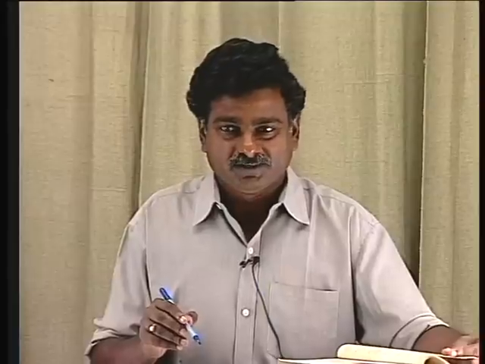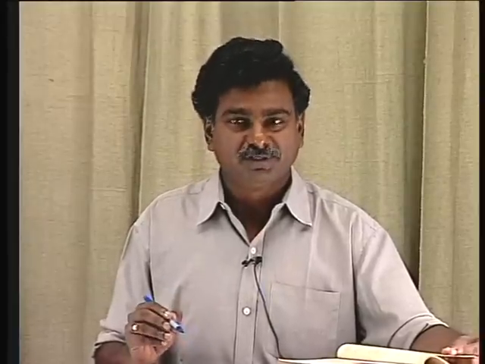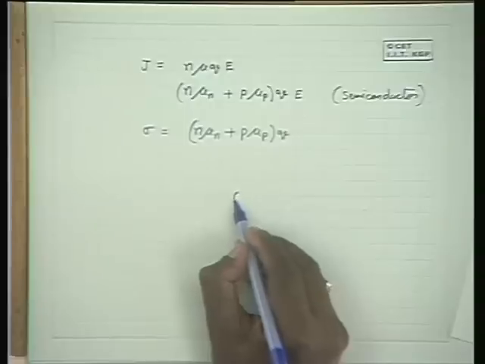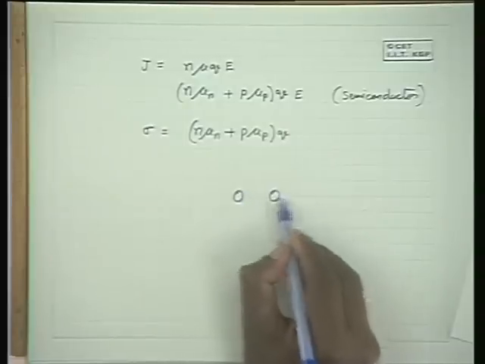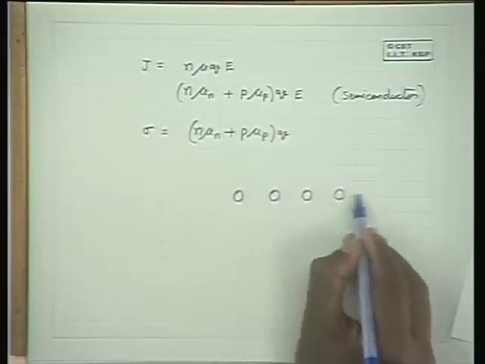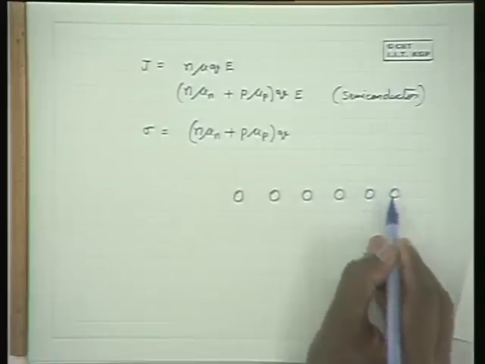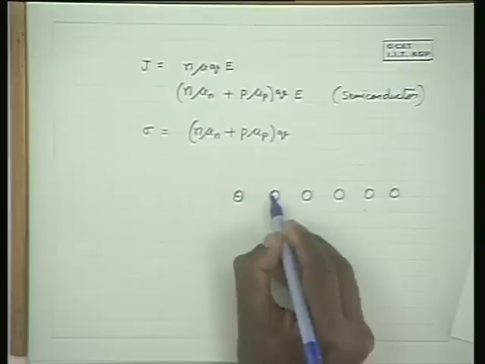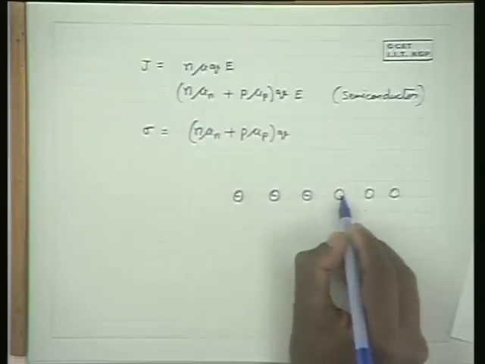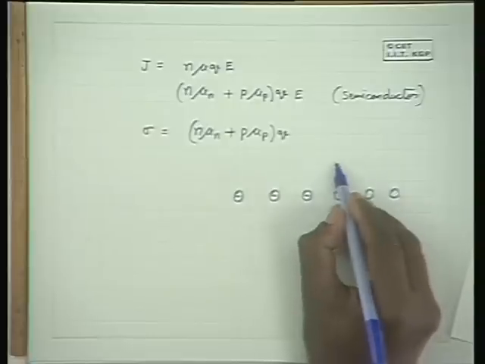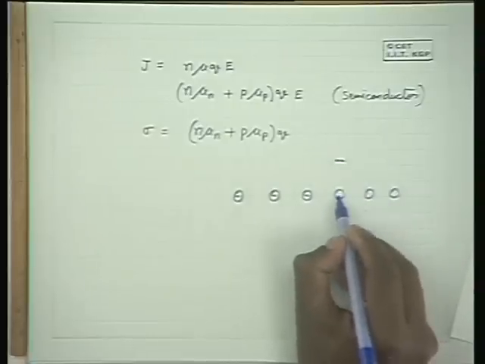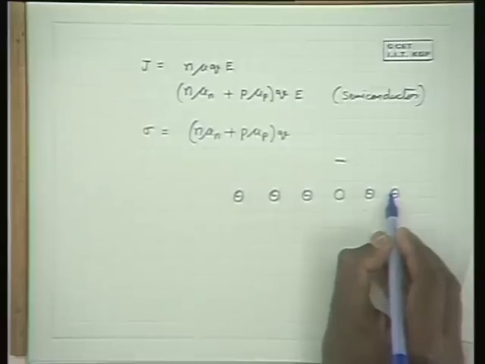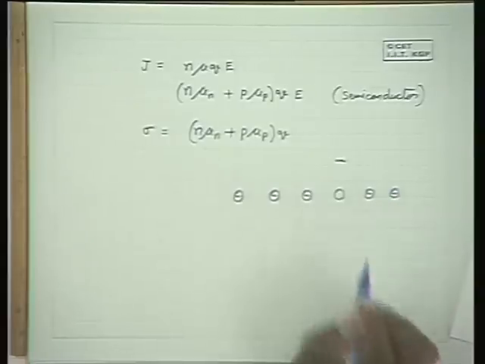So let us look at the transport phenomenon here. Let us consider some atoms in a material. Let us say this atom has all electrons in it. Say this one is free, it has contributed an electron, therefore there is a hole here, whereas these atoms are full, the covalent bond is full.